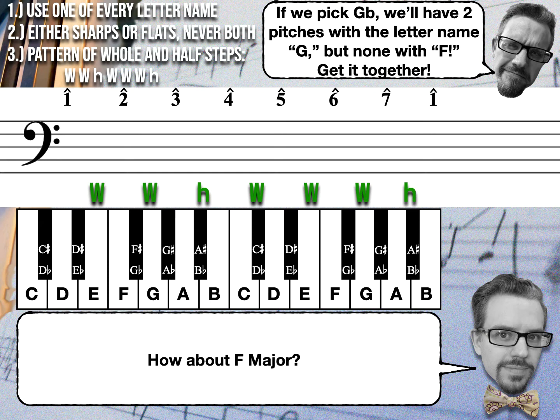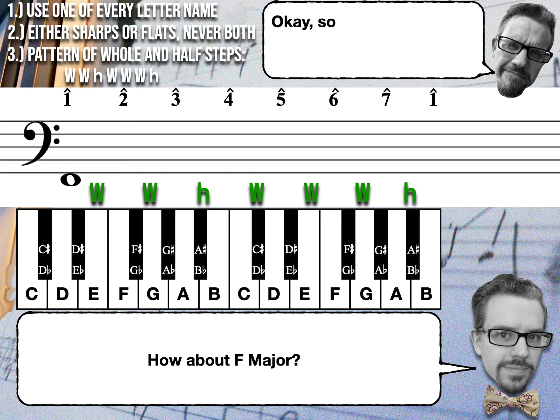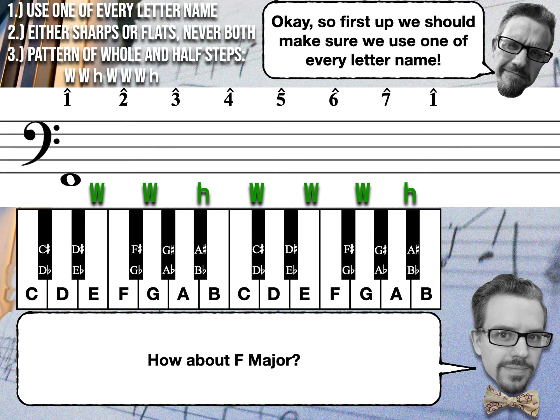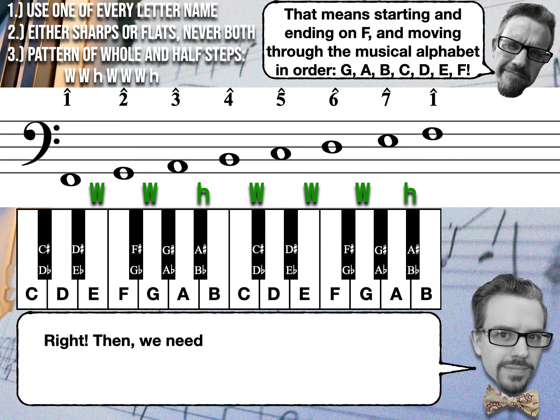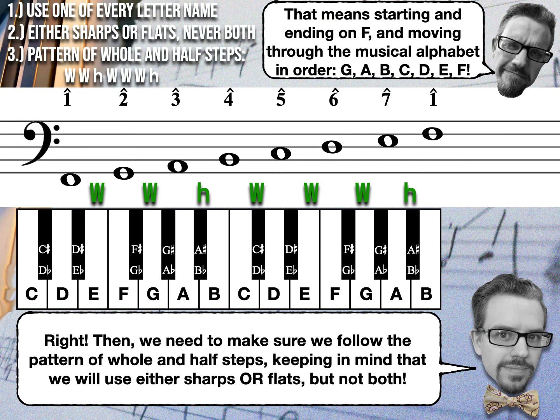How about F major? Okay, so first up we should make sure we use 1 of every letter name. That means starting and ending on F and moving through the musical alphabet in order. G, A, B, C, D, E, F. Right. Then we need to make sure we follow the pattern of whole and half steps, keeping in mind that we will use either sharps or flats, but not both.